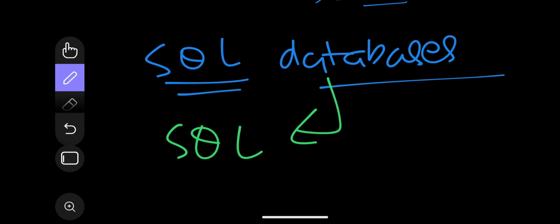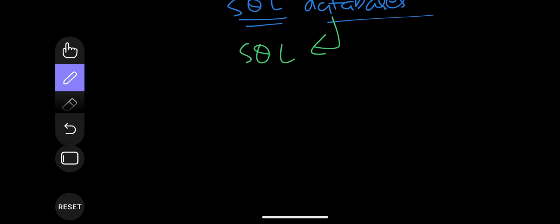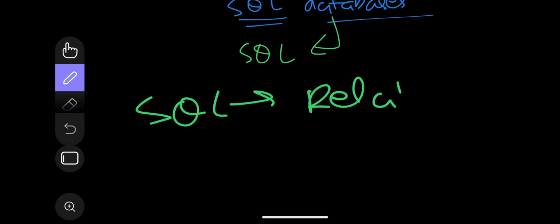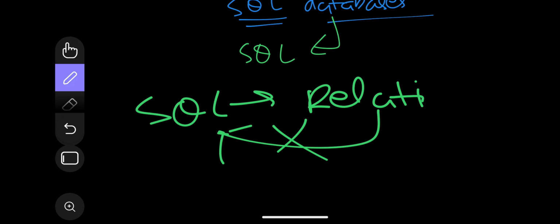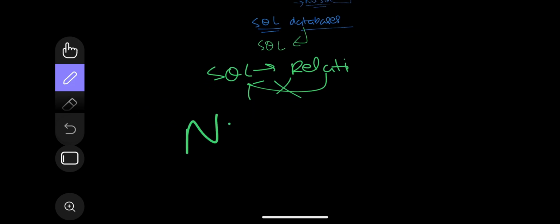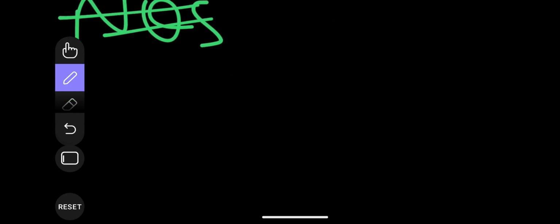This term is more often used with relational database, but not all relational databases are SQL databases. You can say one thing: all SQL are relational, but not all relational are SQL. There are exceptions. Now the same happens with NoSQL.